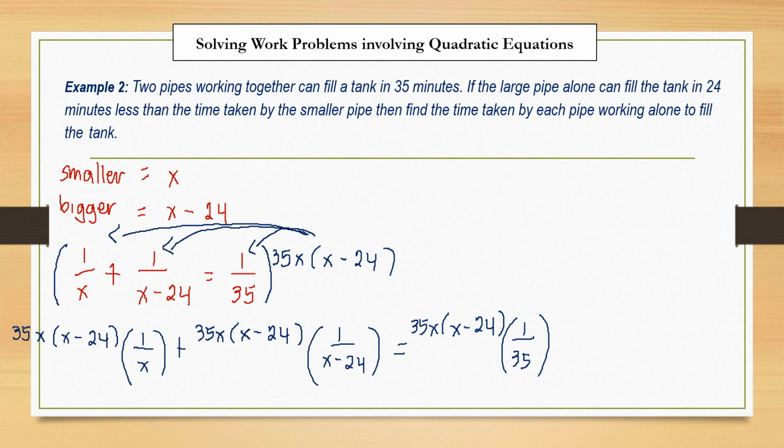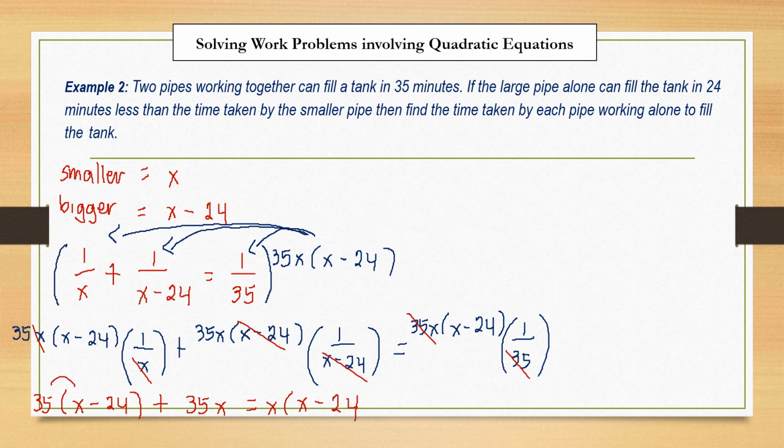Now we look for possible cancellations. So we now have 35 times quantity x minus 24 plus, looking for possible cancellations again, 35x times 1 is 35x, is equal to x times x minus 24.